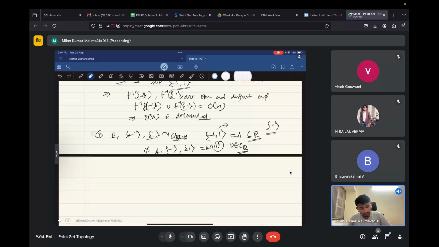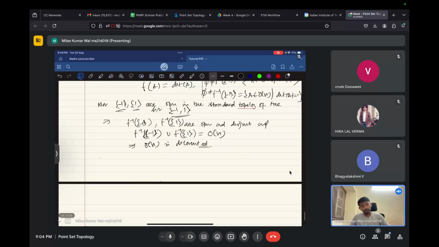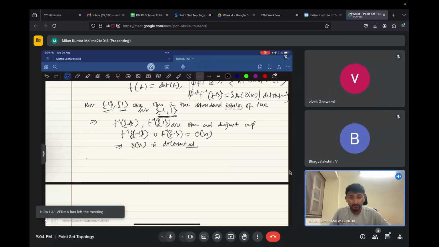So that's why 1 and -1 are open sets in the topology of the space {-1, 1} with the standard topology. Basically, the topologies are similar to the topology of the real numbers, but as sets they are different. Is this clear?